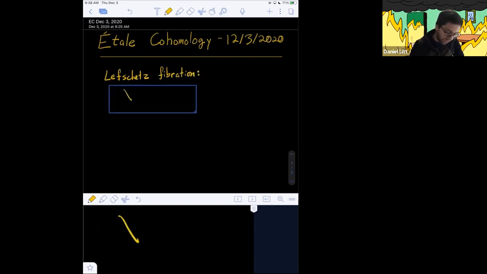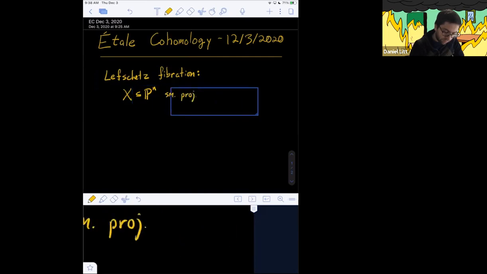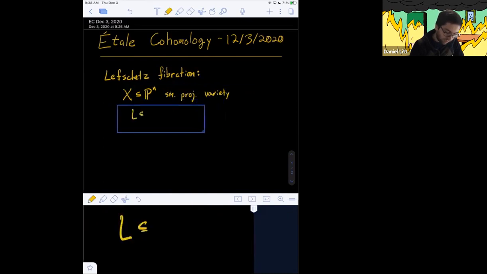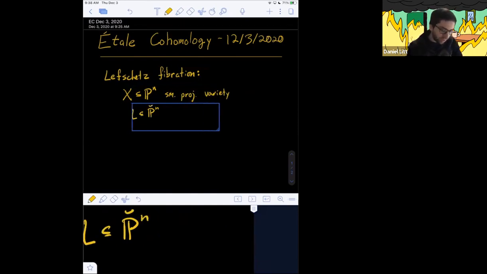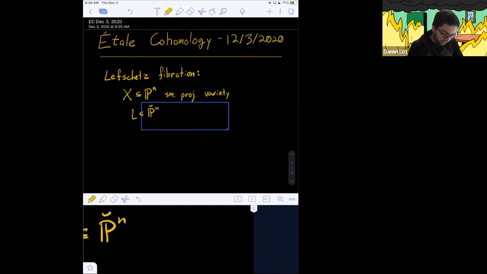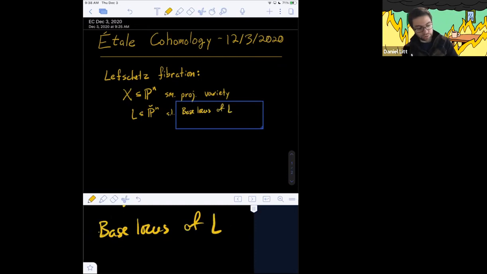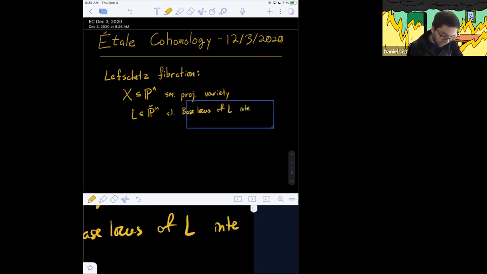So what this was is we had X inside of projective space, a smooth projective variety. We had a line L inside of the dual projective space. So this is like a line of hyperplanes, if you'd like, in P^n, such that 1, the base locus of L, which is just the intersection of all the hyperplanes contained in L, so that's a codimension 2 subspace, intersects X transversely.